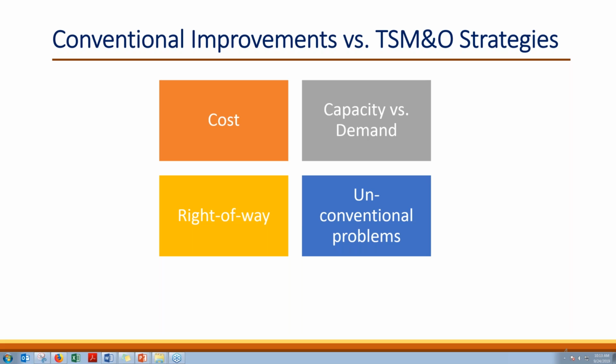And we have some unconventional problems. Say, for example, if we want to improve incident response time to make sure that an incident is cleared quickly, then we may not have traditional strategies to address those problems. In that case, again, TSMO strategies play a very crucial role.